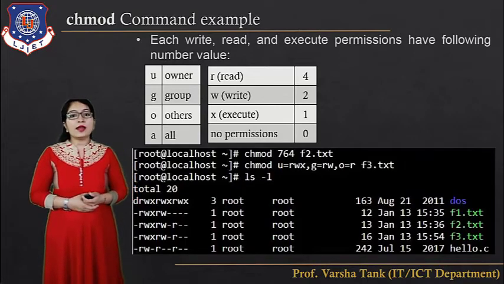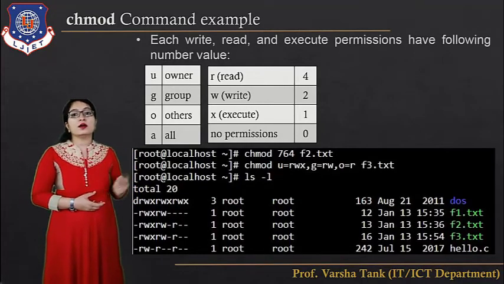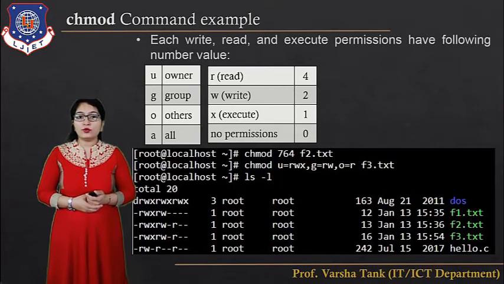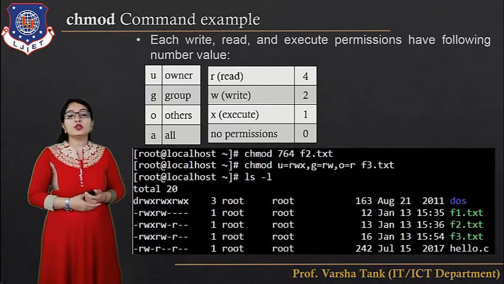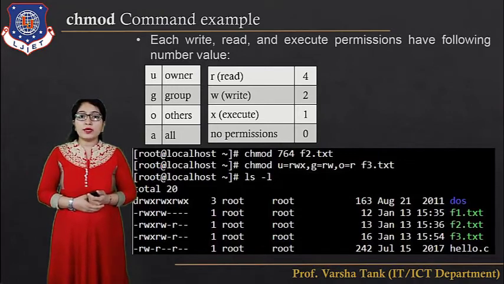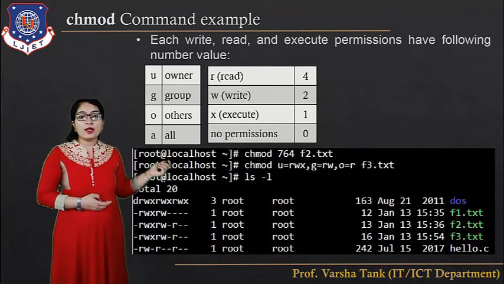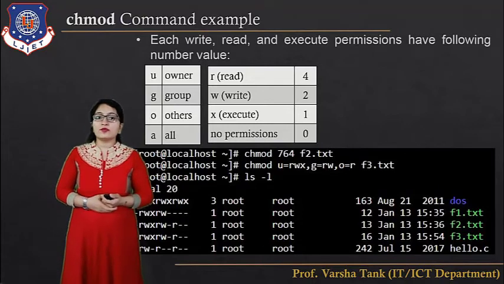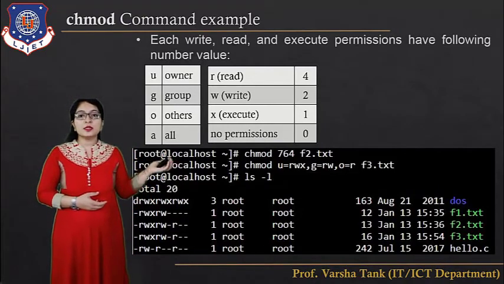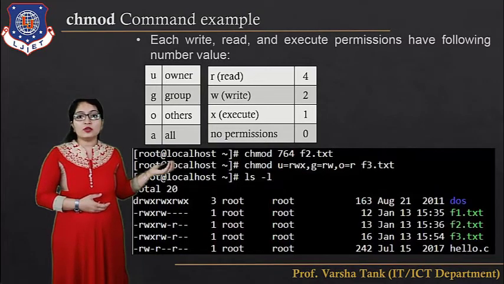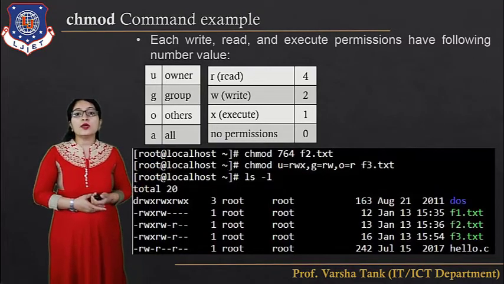So you can write it this way: chmod 764 f2.txt. Or chmod u=rwx, g=rw, o=r f3.txt. So you can give the permissions both ways, using the numbers as well as using these values, rwx.